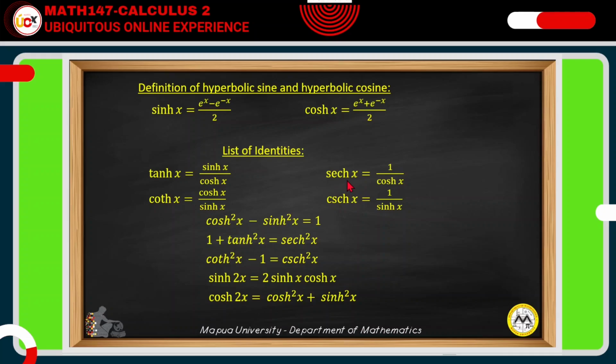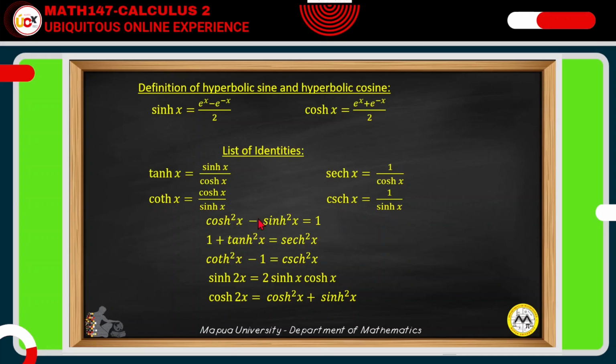Similarly, hyperbolic secant x is defined as 1 over hyperbolic cosine x, which means that the reciprocal of hyperbolic secant x is hyperbolic cosine x. Next is the hyperbolic cosecant x, and this is equal to 1 over the hyperbolic sine x. Again, the reciprocal of hyperbolic cosecant x is the hyperbolic sine x.